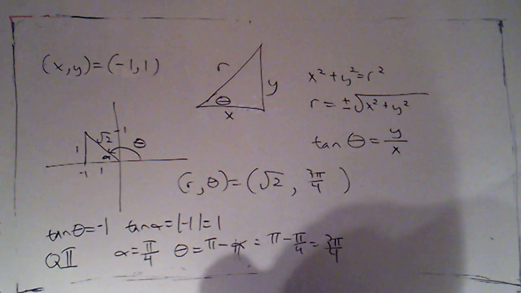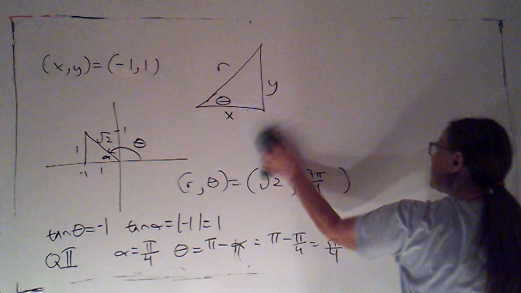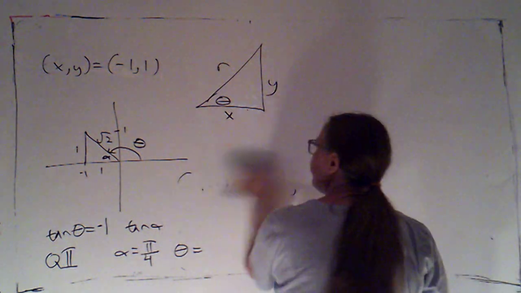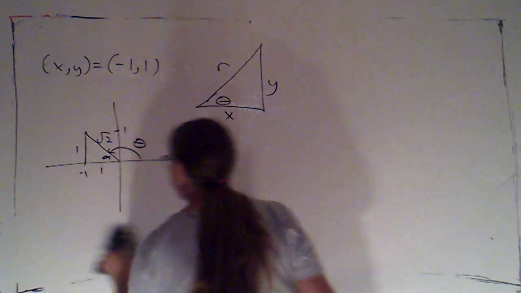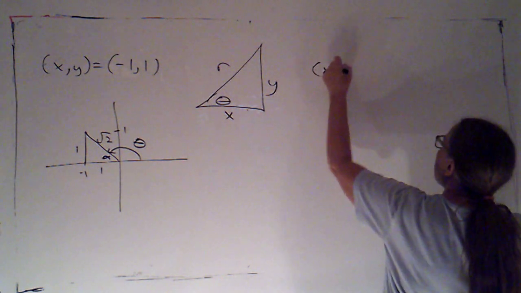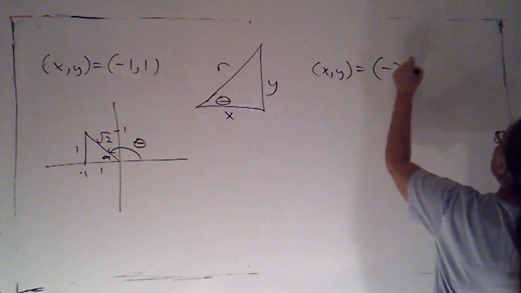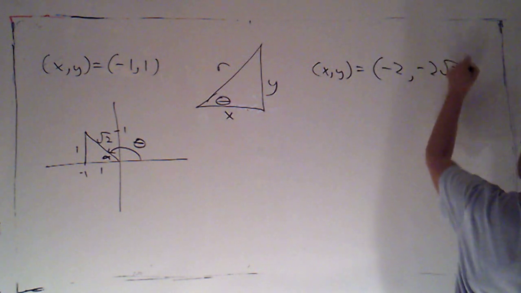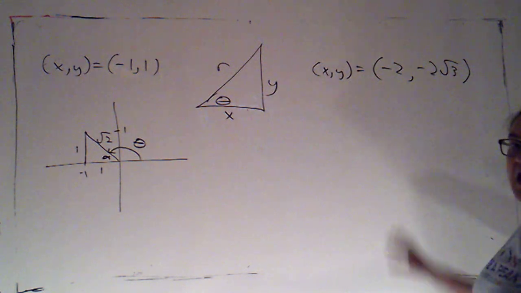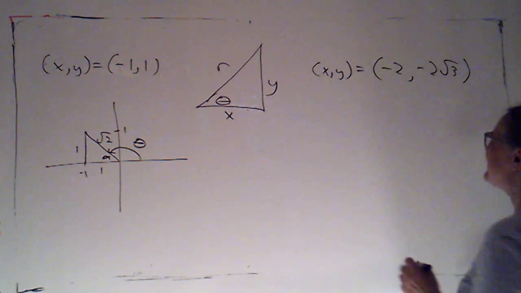So I'm going to give you folks one to try. And again, try this on your own before tuning into the next video. But let's suppose that I know that x, y is negative 2, negative 2 root 3. I'm actually going to make this one a little bit tougher.